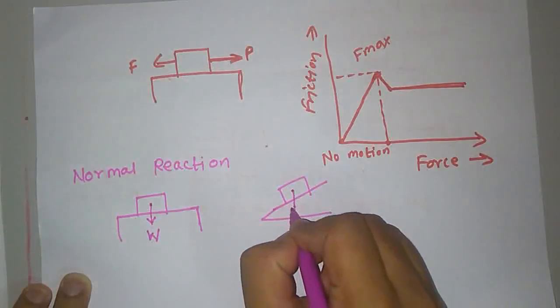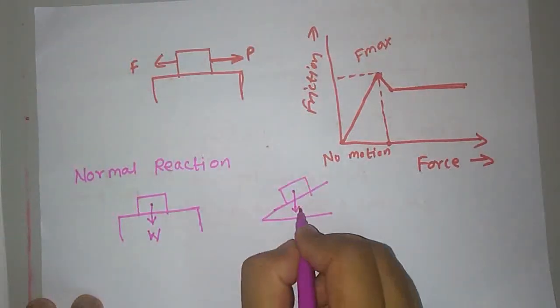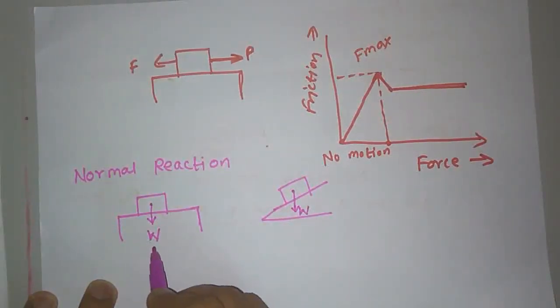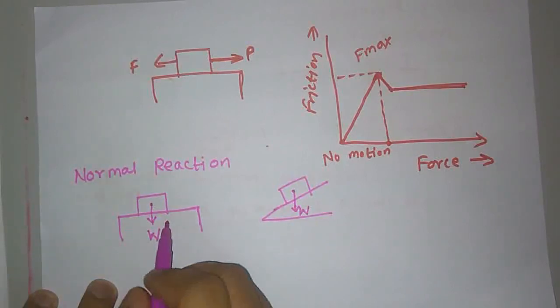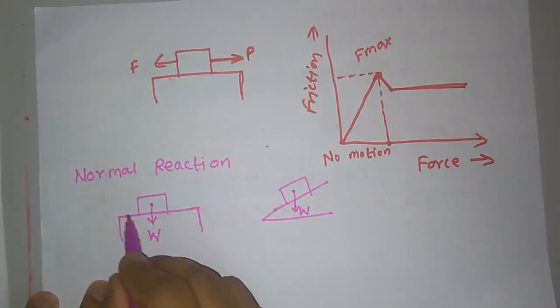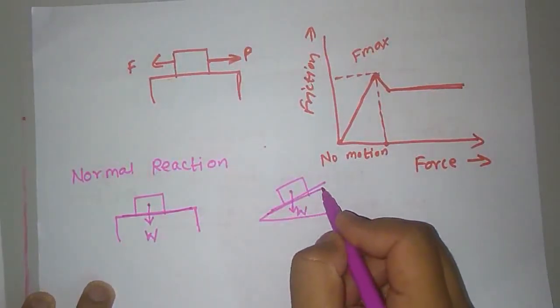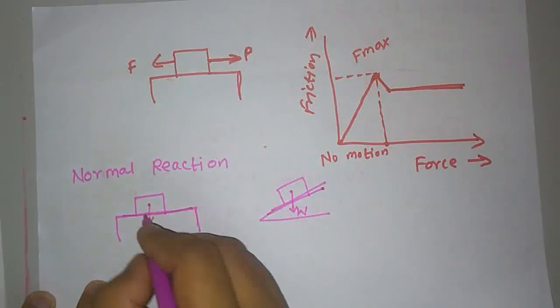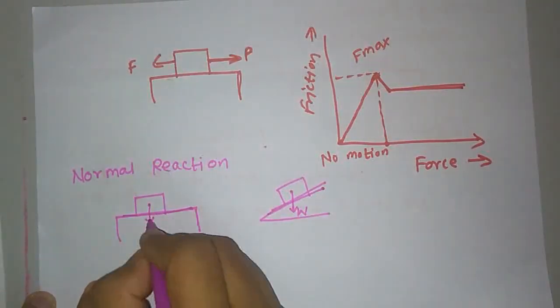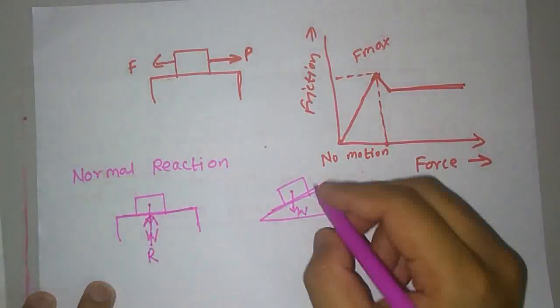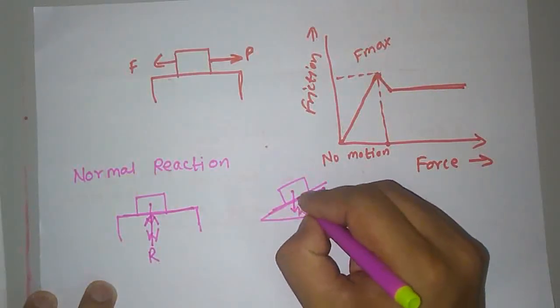As we know, for every action there is an equal and opposite reaction. So as the weight of the block acts vertically downward, the plane, or surface, in turn exerts an upward reaction on the body, like this. And this upward reaction is perpendicular to the surface.